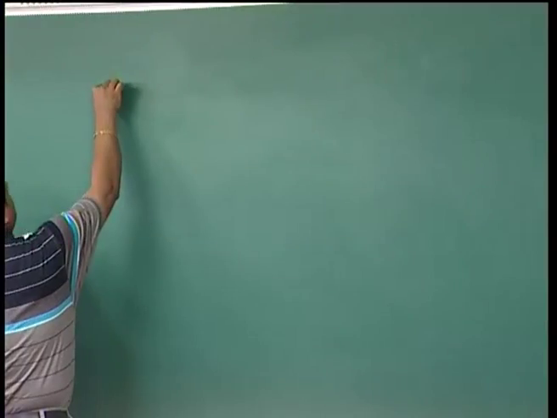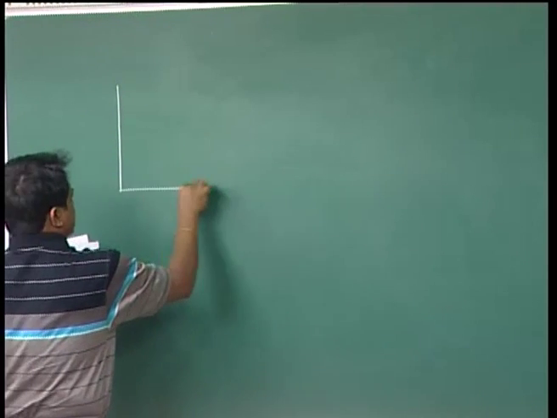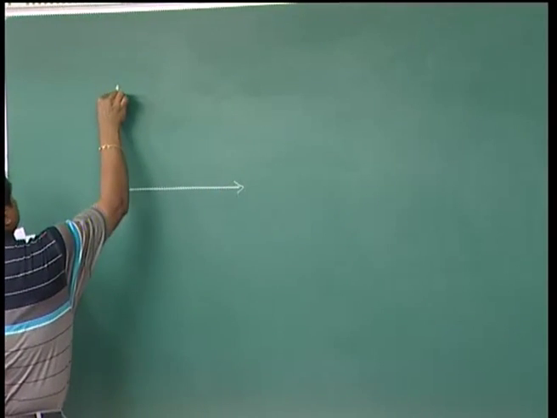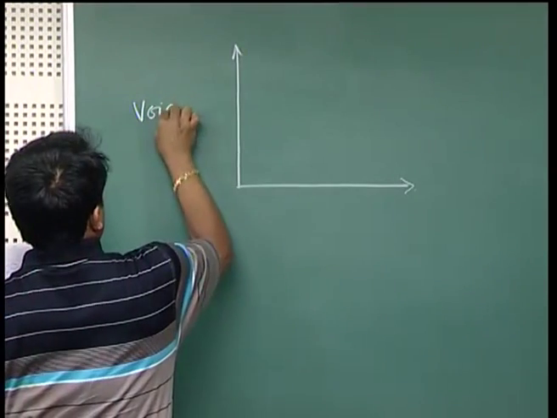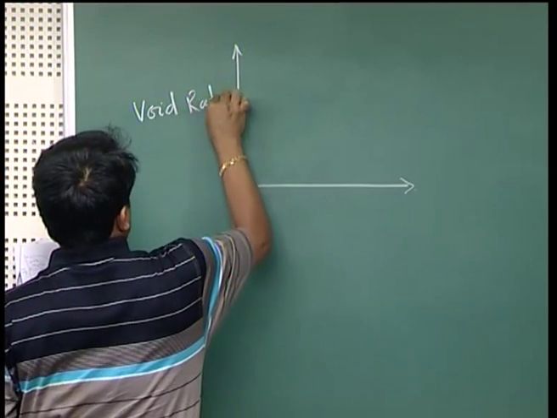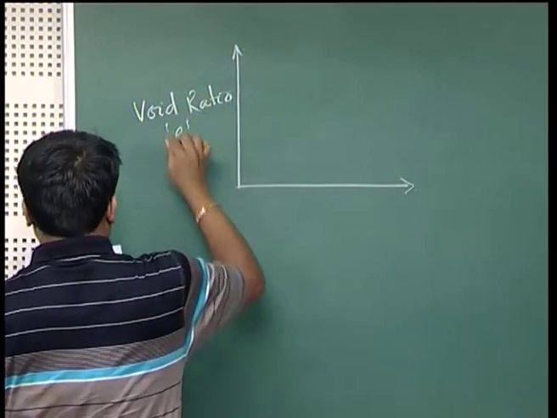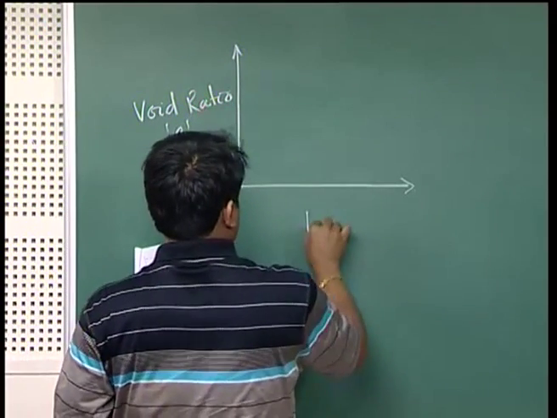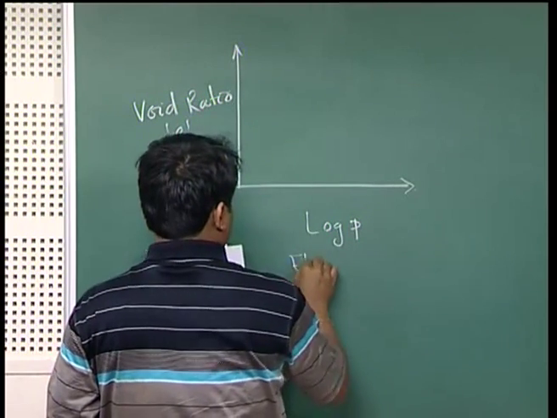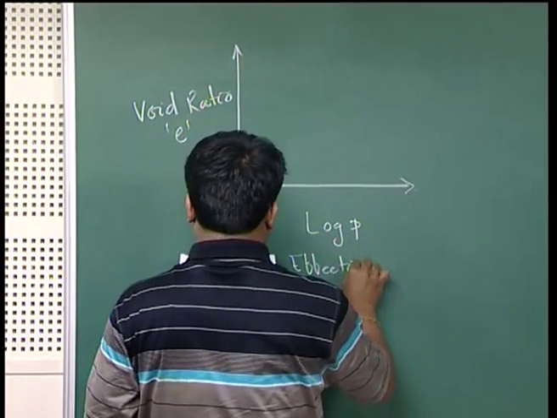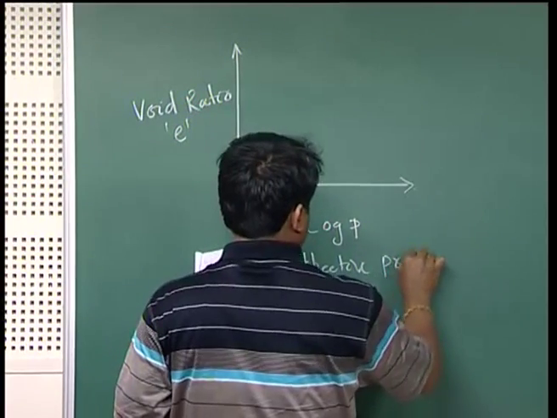These are the two standard curves. You can say one is e versus log P, where e is the void ratio and P is the effective pressure.